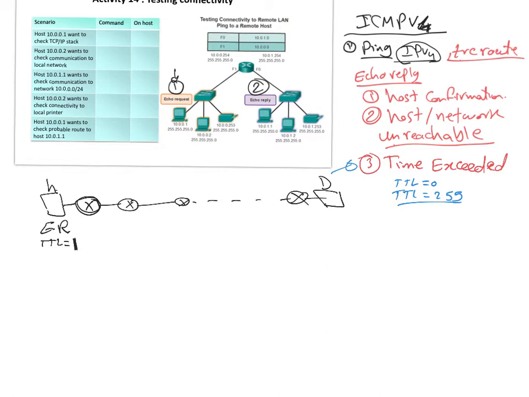So TTL equals 1. What that means is this echo request will get stopped here by this router, and then this router will decrement the TTL, so it becomes 0. So what will this router send back? Time exceeded. When this host receives the time exceeded reply, this reply will have a lot of information.